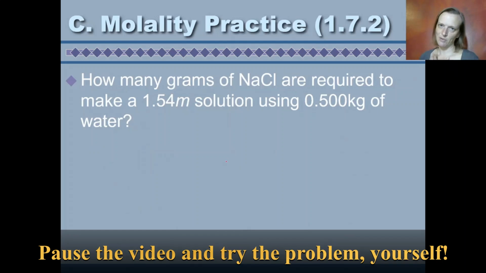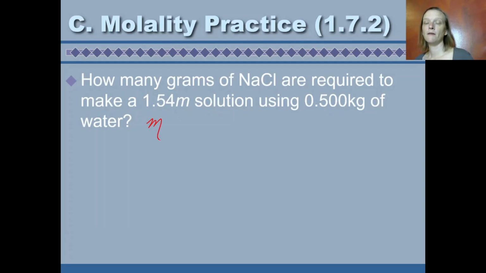Let's do one more example. How many grams of sodium chloride are required to make a 1.54 molal solution using 0.500 kilograms of water? Molality equals moles divided by kilograms.